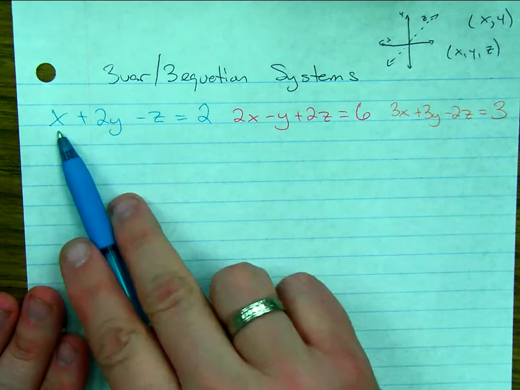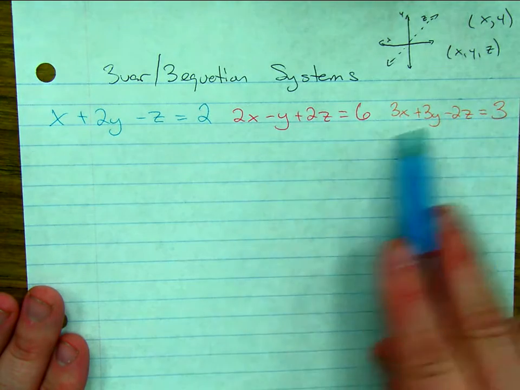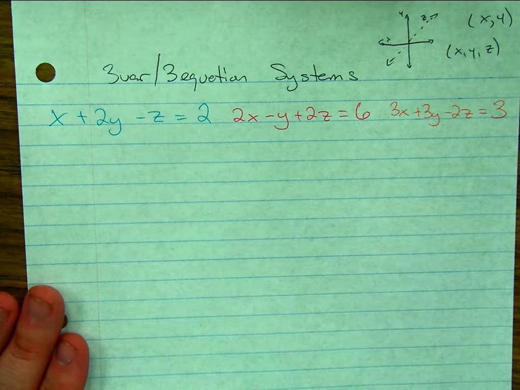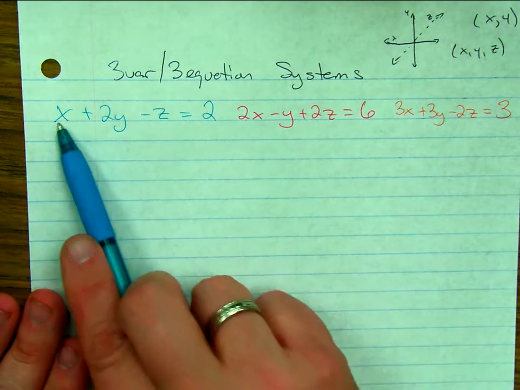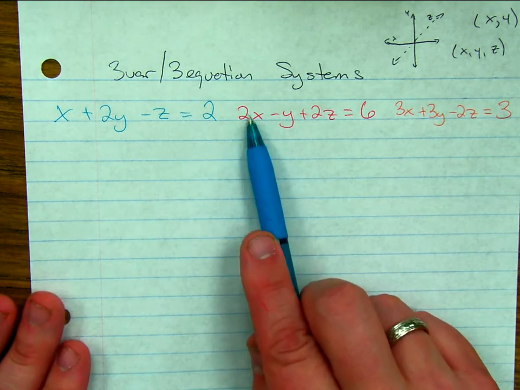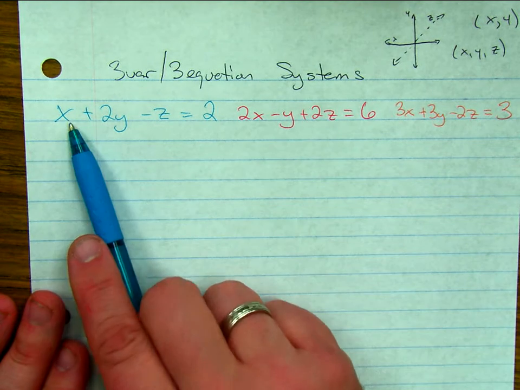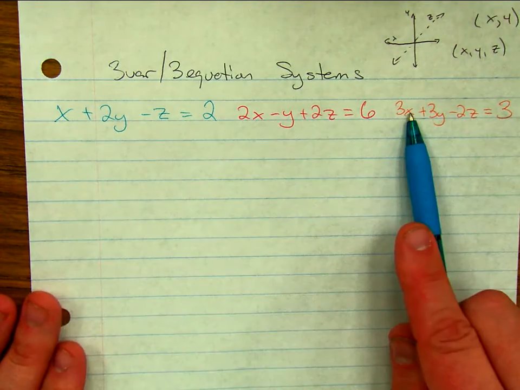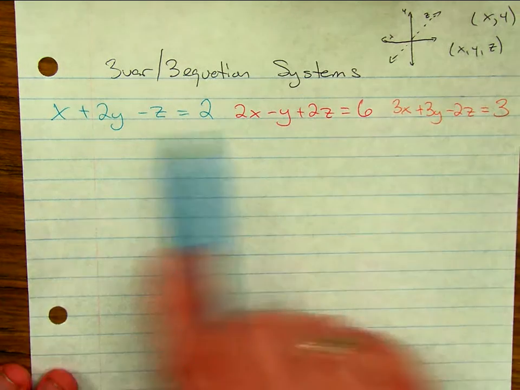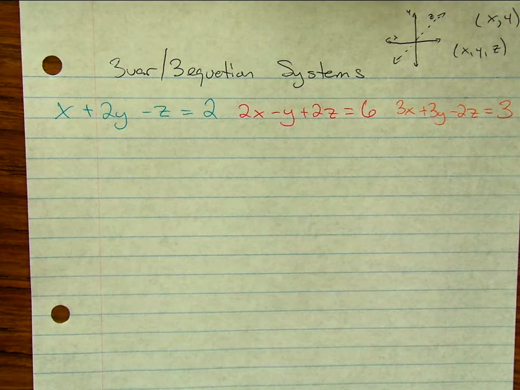Step 1, we need to eliminate either the x, the y, or the z from all of these equations. You could eliminate the x's pretty easily. If the blue equation was matching the red equation, I could just make this 2, and the x's would match up. If I was matching the blue and the orange, I could make 3x and 3x by multiplying by 3. That'd be pretty simple.